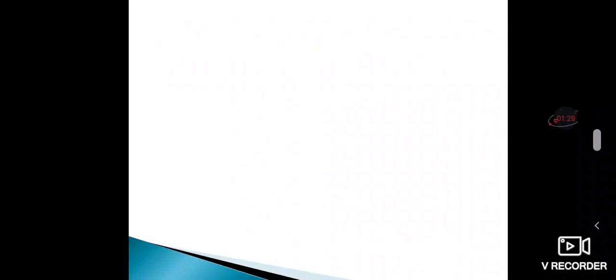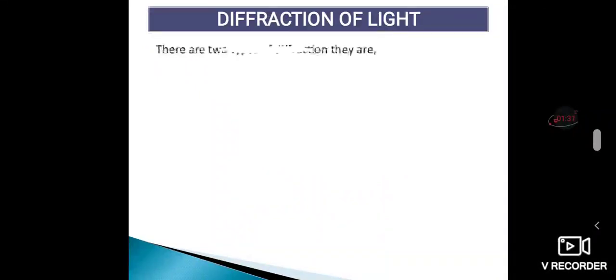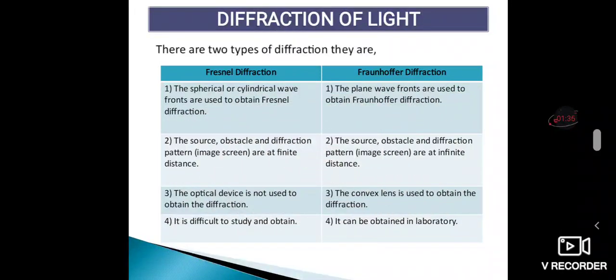There are two types of diffraction that we are going to discuss now. One is Fresnel diffraction and the other is Fraunhofer diffraction. In Fresnel diffraction, spherical or cylindrical wavefronts are used, but in Fraunhofer diffraction, plane wavefronts are used.